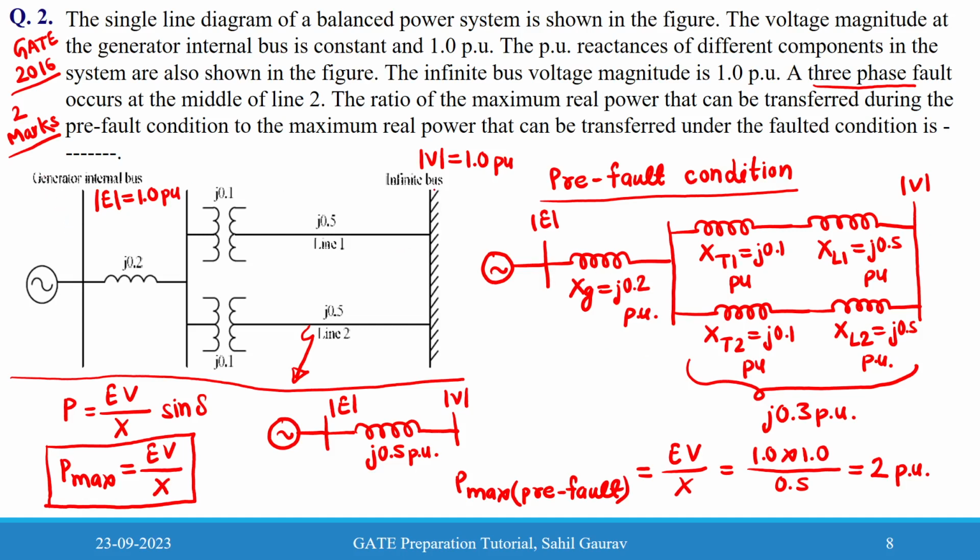Now for the fault condition, we have to make the equivalent reactance between the generator internal bus and the infinite bus, and then we will find the maximum power that will pass through during the faulted condition.